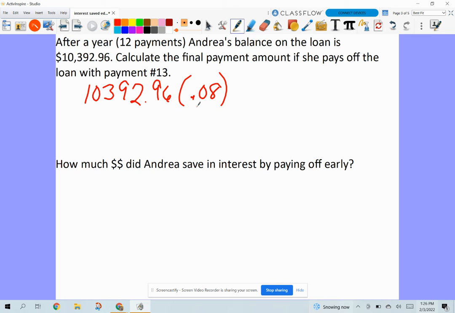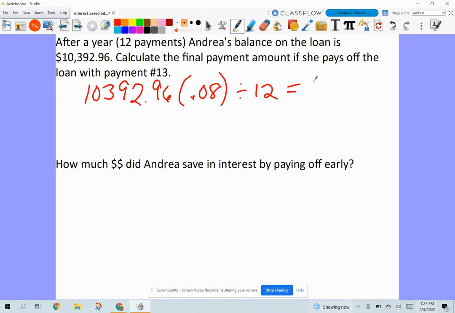Now, that's 8% for a whole year, right? So we're going to divide that by 12. That will give us the interest for just 1 month. 10,392.96 times 0.08 divided by 12.